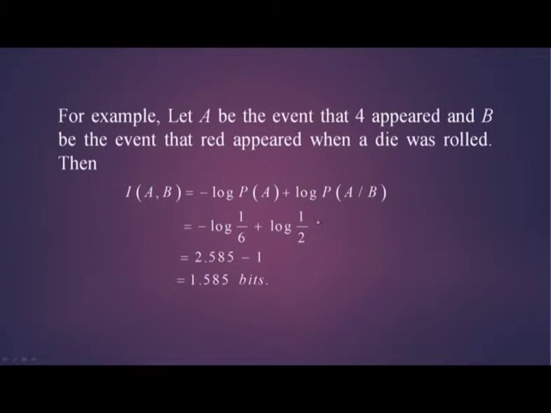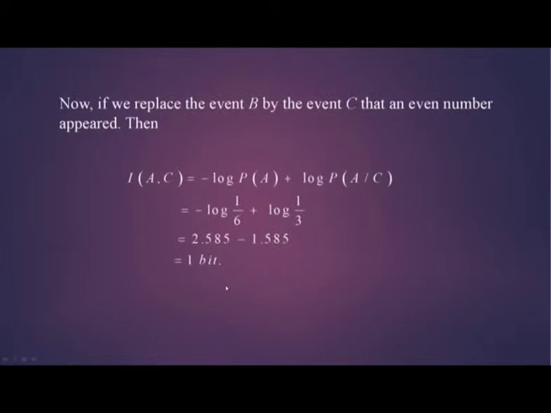That is why the probability of A given B will become half. So, this will be log half. So, we will get 2.585 minus 1, and this value will be 1.585 bits.